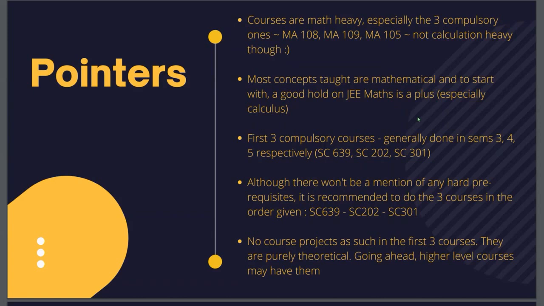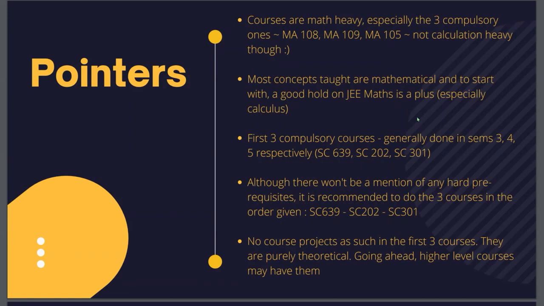Next, most of the concepts that are taught are going to be mathematical, and a good hold on JEE maths is a plus, especially the calculus part of it, and to some extent linear algebra as well.